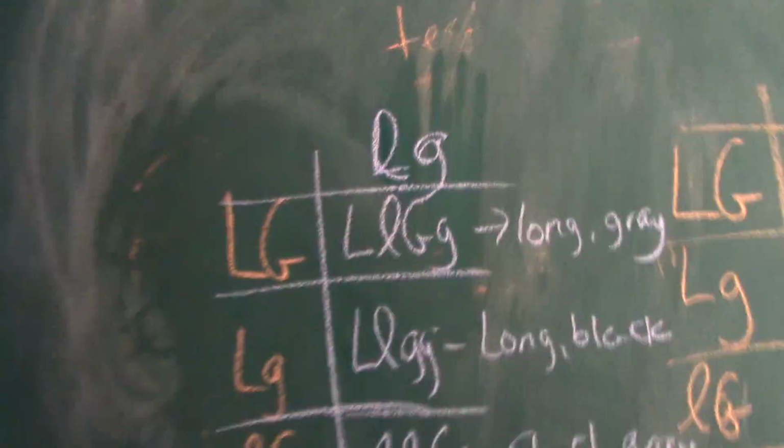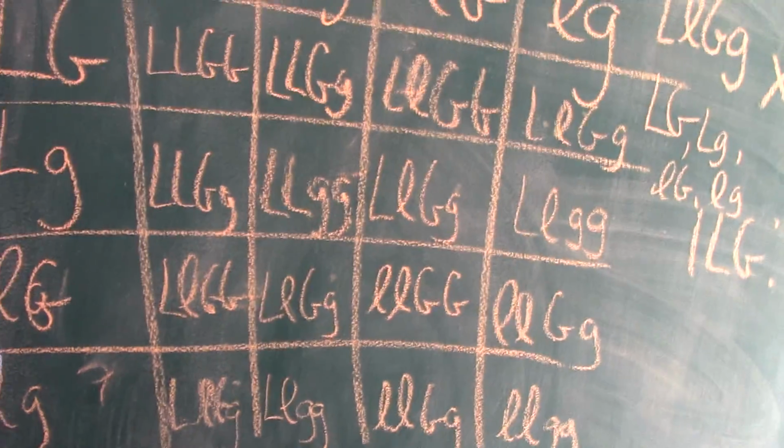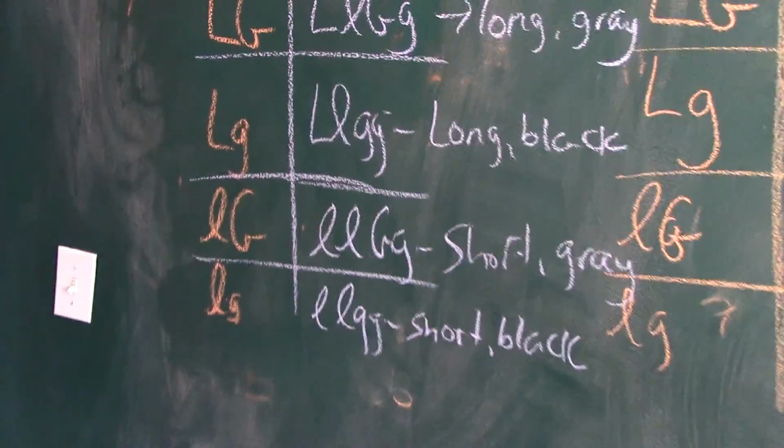So this heterozygote will be the one that gives you that 1 to 1 to 1 to 1 ratio when you breed it with a test cross.